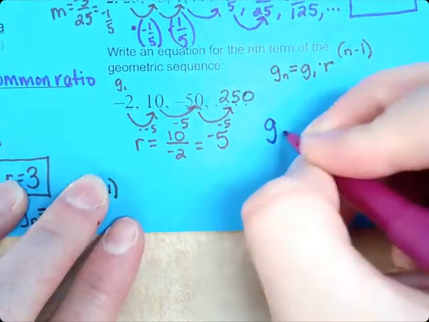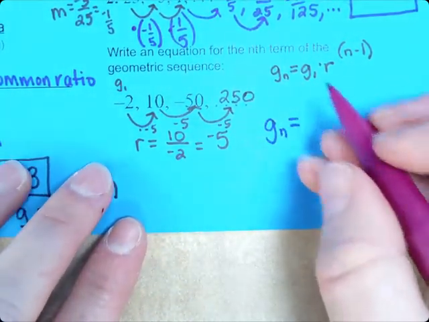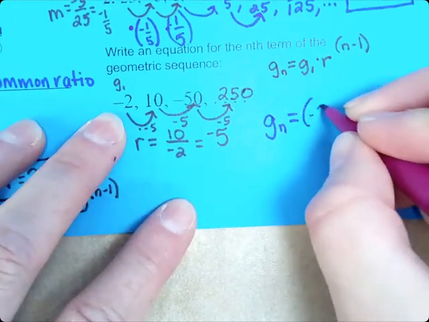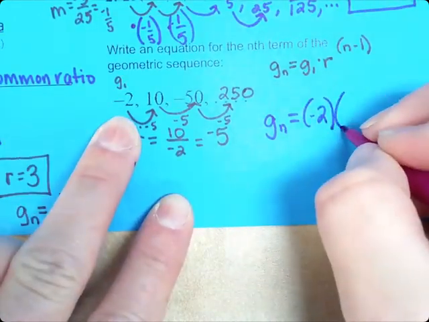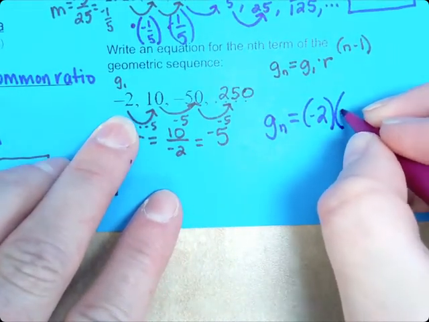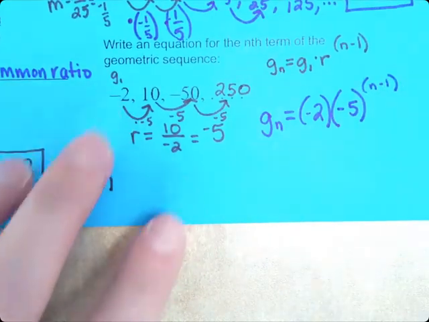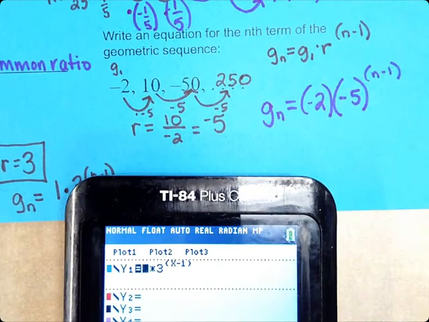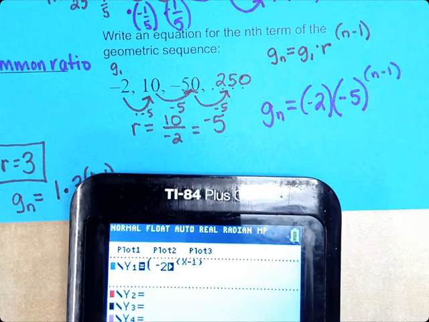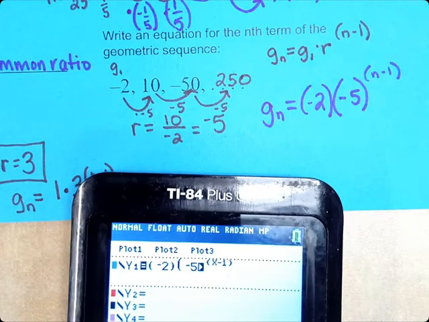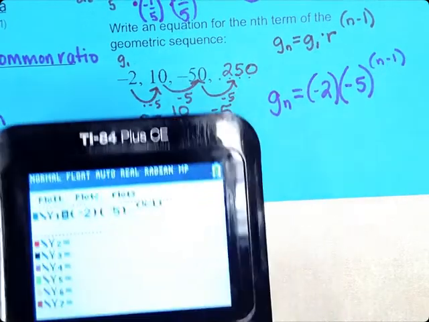Okay. So let's write our formula. So g sub n equals g1. I'm going to put in parentheses, negative 2, times r, negative 5, raised to the n minus 1. So let's look at our calculator. So it'd be negative 2 times negative 5, and then x minus 1.